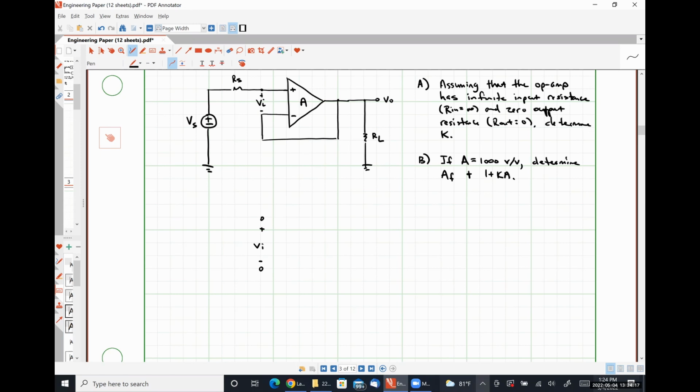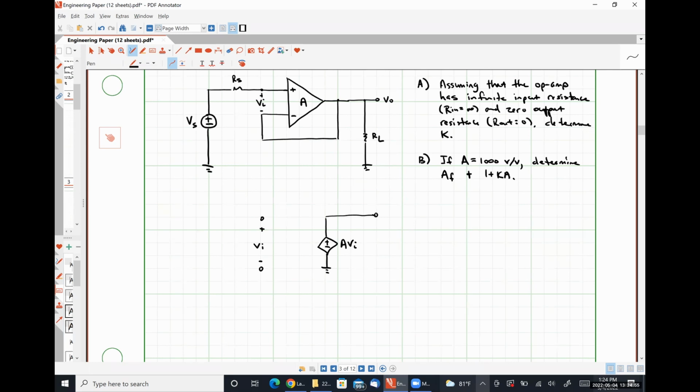On this side, I have A times VI. That's my voltage controlled voltage source. And this short circuit up here at the top right represents my zero output impedance. So that's my amplifier, right?